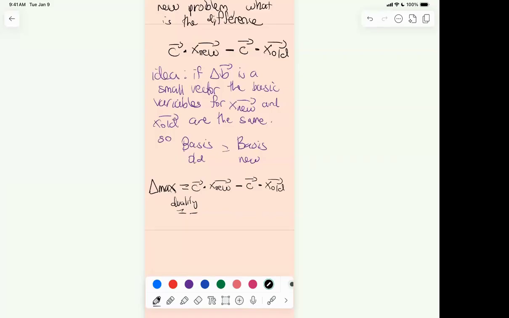I have to be a bit more careful. Let me call it V new dot Y new minus V old dot Y old. By this I just mean that you look at the dual for each individual problem, and there's a minimum solution, and I'm calling them Y old or Y new, depending on which one you're looking at.